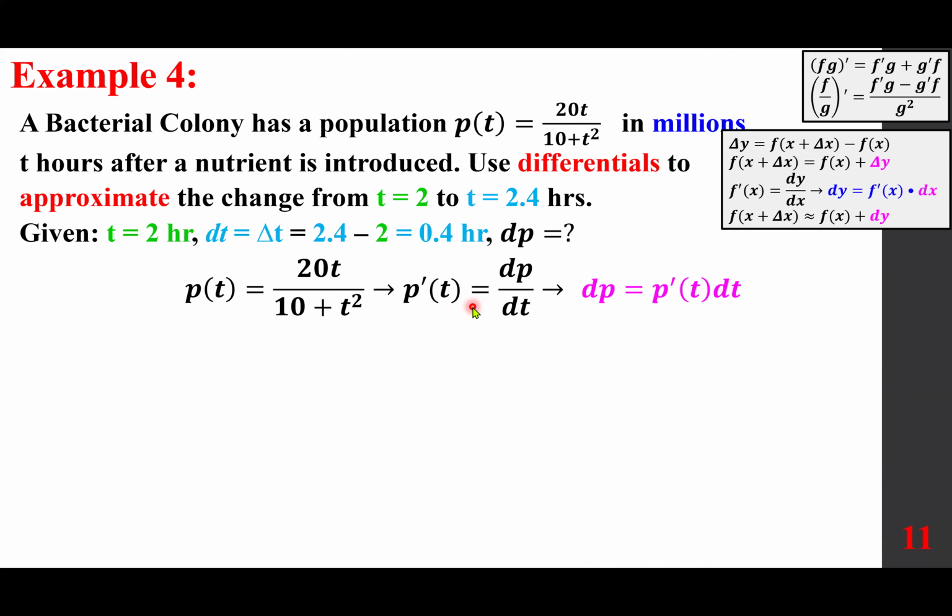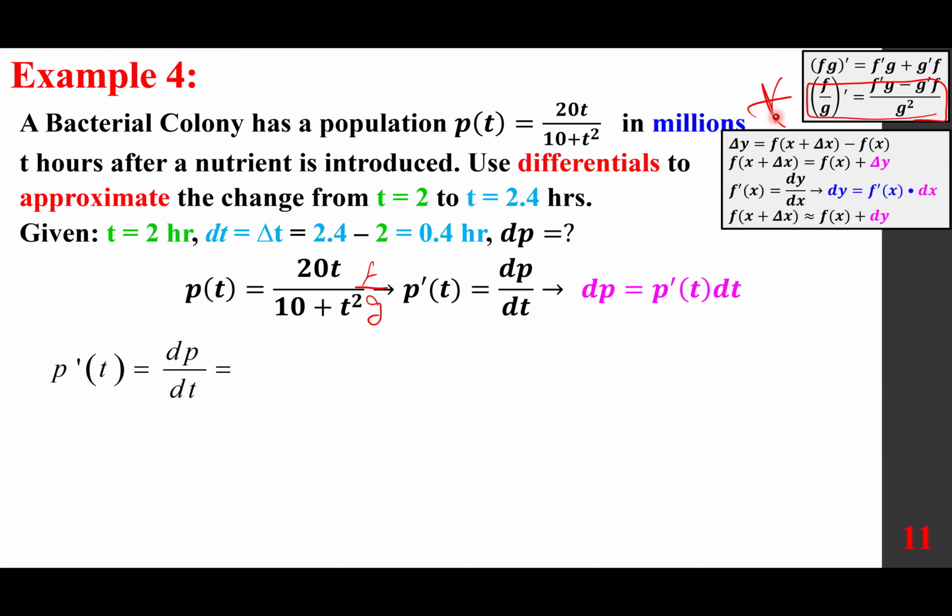So first, we are going to find P prime of t. We notice it's f over g, and we use the quotient rule: f prime g minus g prime f, over g squared.